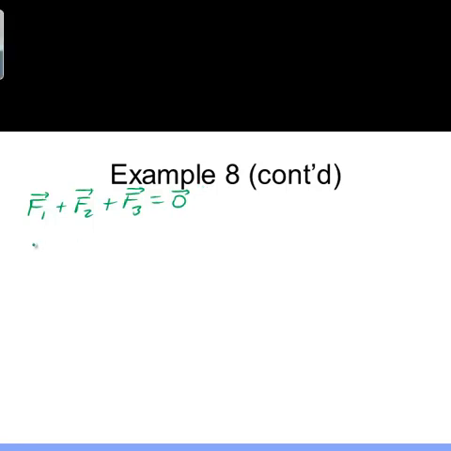F sub 1 is magnitude f sub 1 times the cosine of 60 degrees, comma, and this needs to be an opening angle bracket, and then magnitude f sub 1 times sine of 60 degrees. So there's f sub 1.